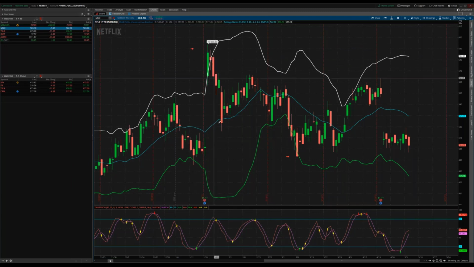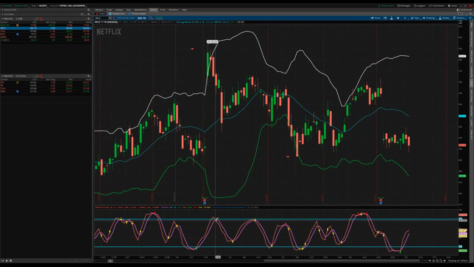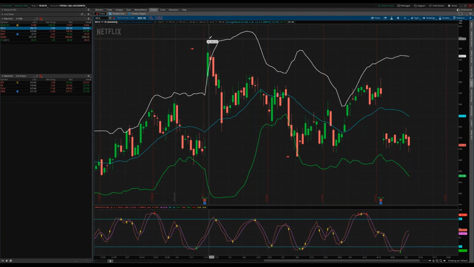Now, in saying that, down here on the bottom, I have stochastics where I may want to wait for that cross before I actually take this trade, okay? And again, I'm not here to give you 20 different ways of doing it. You can just say once it stretches, it comes below the 2.5 standard deviations, it closes below the 2.5 standard deviations, I'm going to go, in this case, short.